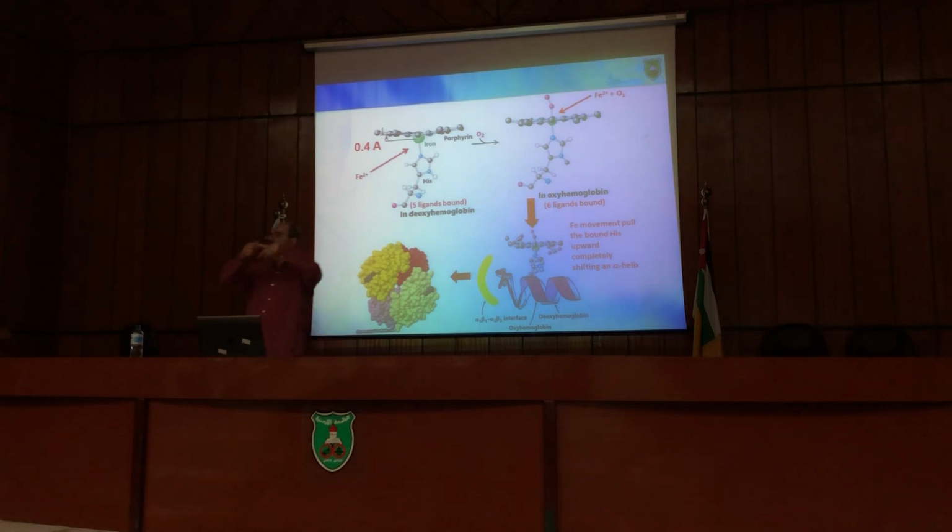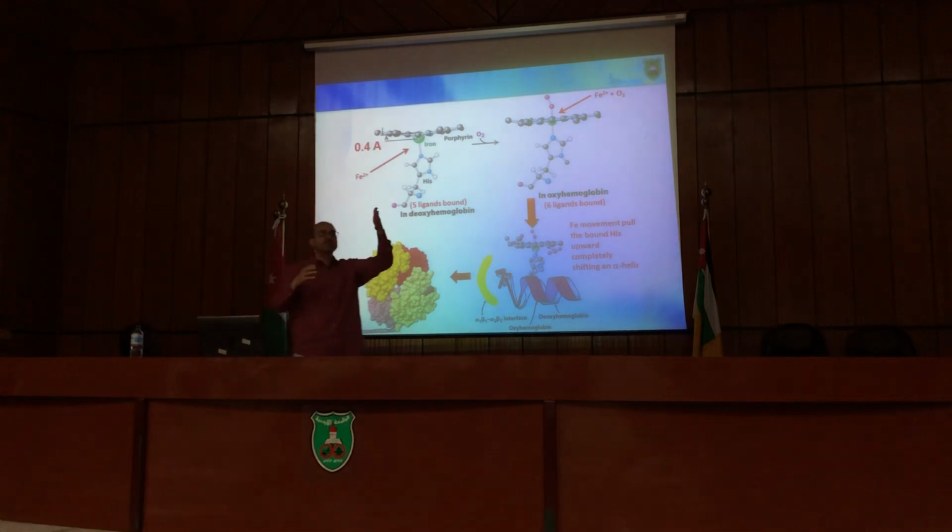So what happens again? Heme is a dome-like structure. Oxygen comes in, binds to iron. Heme becomes flat. It pulls down the proximal histidine. The proximal histidine changes the structure of the alpha helix. The alpha helix changes the tertiary structure of the polypeptide.